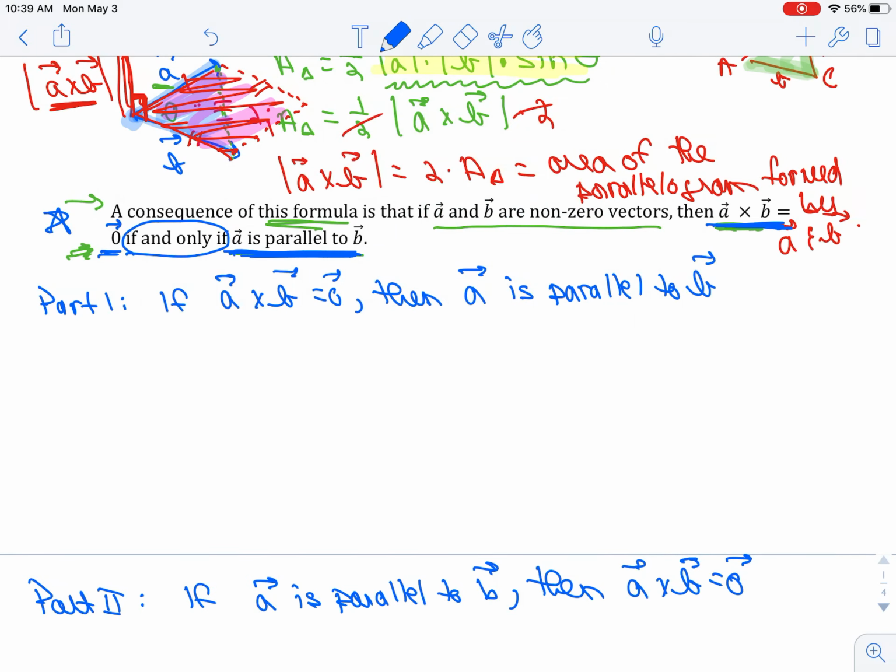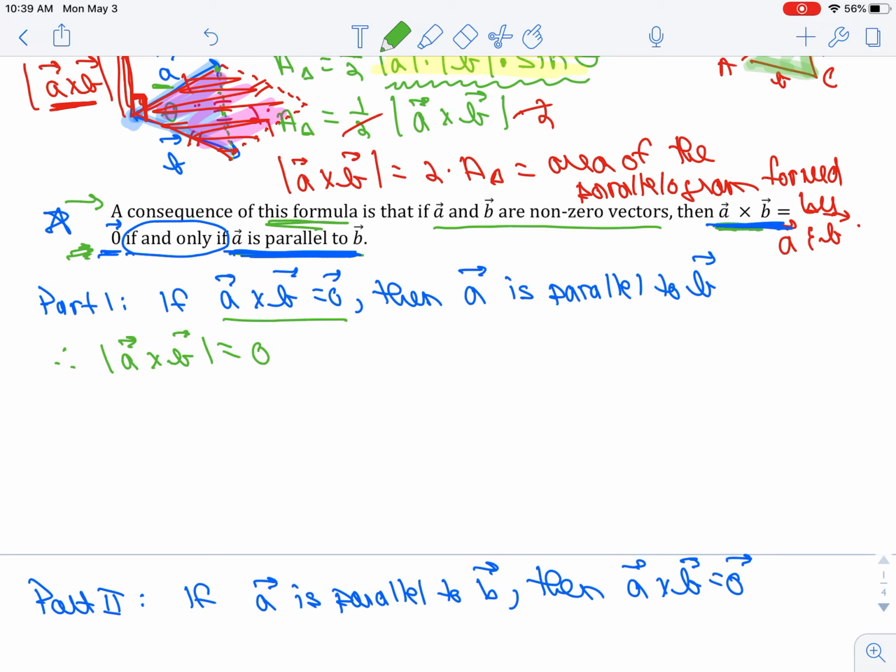Okay, so we start out with the fact that A cross B is the zero vector, right? So that means, therefore, the magnitude of A cross B is 0, is the number 0, right? Because the cross product is the zero vector, and the magnitude of the zero vector is 0.